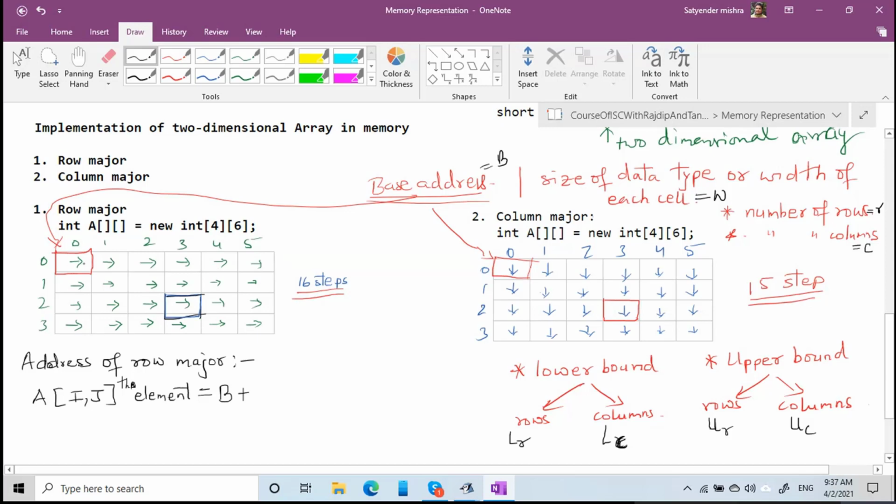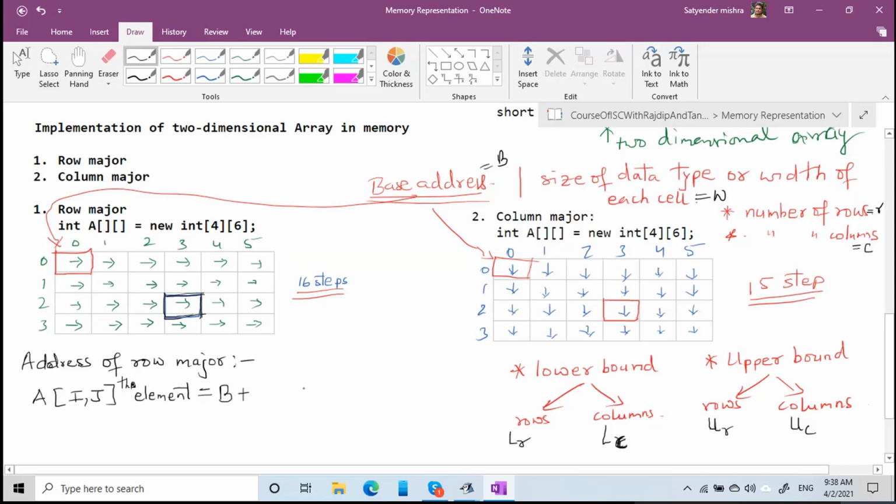We are also traveling a number of columns here. You can see this is the 0 column, this is the first column, the second column, the third column, the fourth column, the fifth column, right? So we have to know the number of columns we are visiting every time. To reach this place, how many columns do I have to visit?